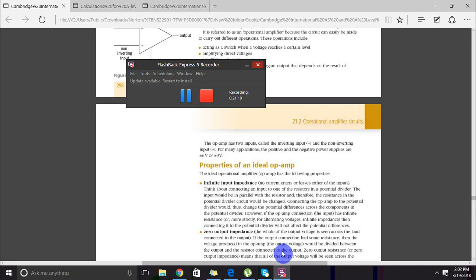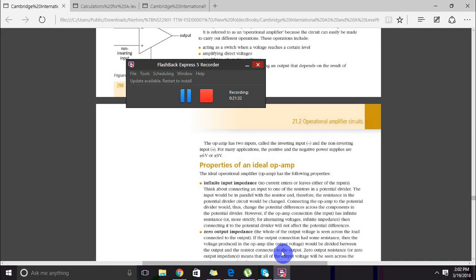and it often is. So if the output connection had some resistance, then the voltage produced in the op-amp would be divided between the output, that is where the output is coming from, and the resistor that is connected to the output.